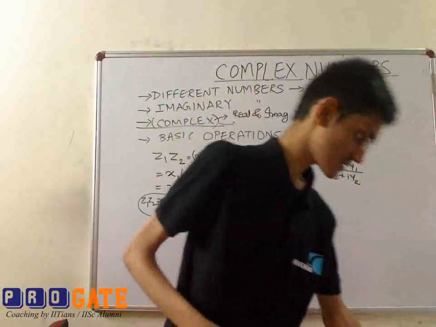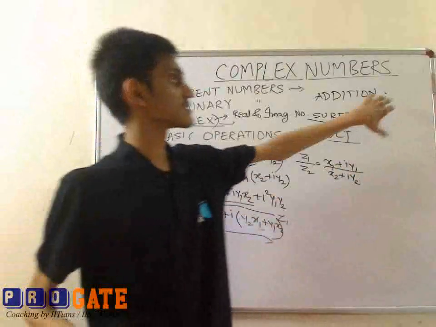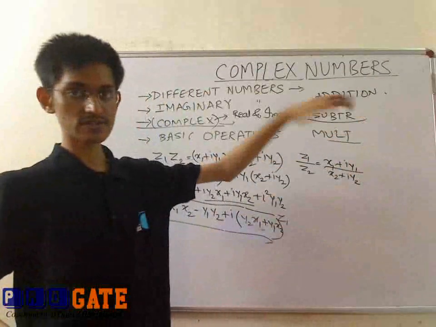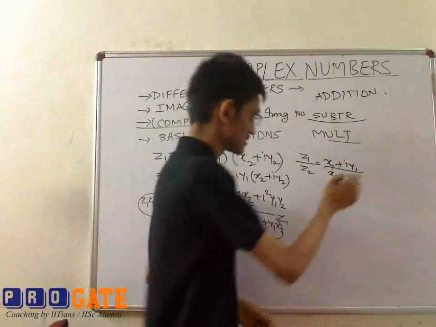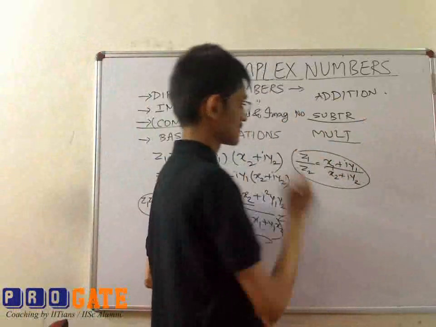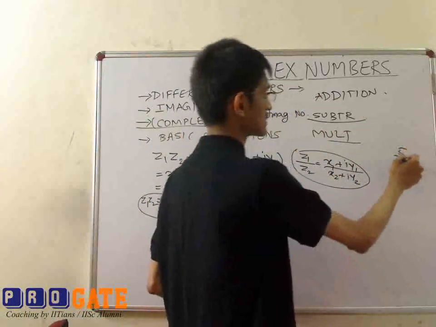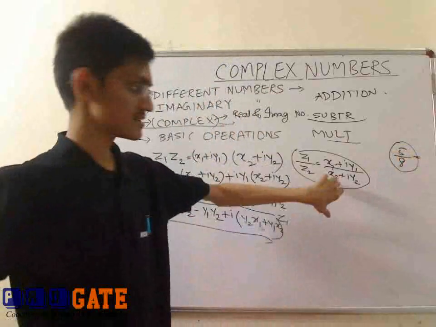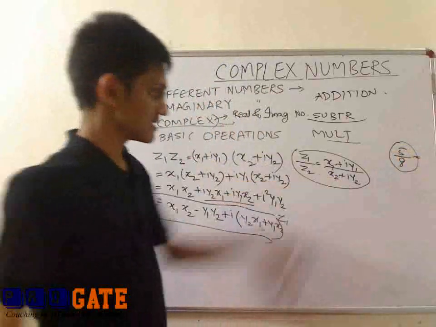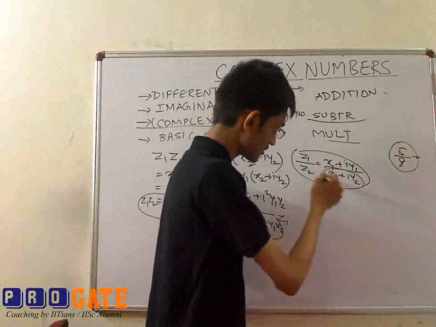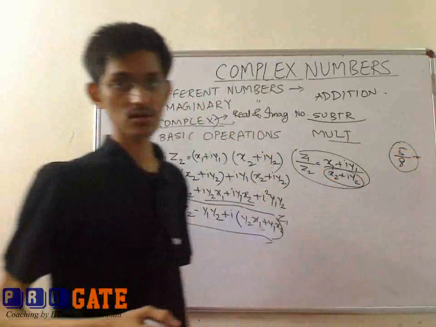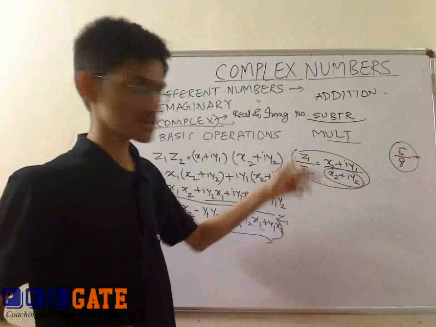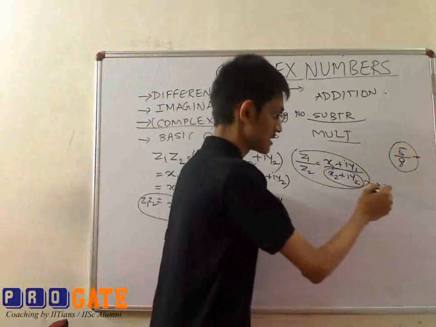Now this operation differs from the operation of division performed on the real numbers. How is it? For real numbers, if you have 5 divided by 8, you can perform it easily, no modification required. Whereas here, first you have to go for modification, that is to convert the denominator of z1 by z2 to a real number.